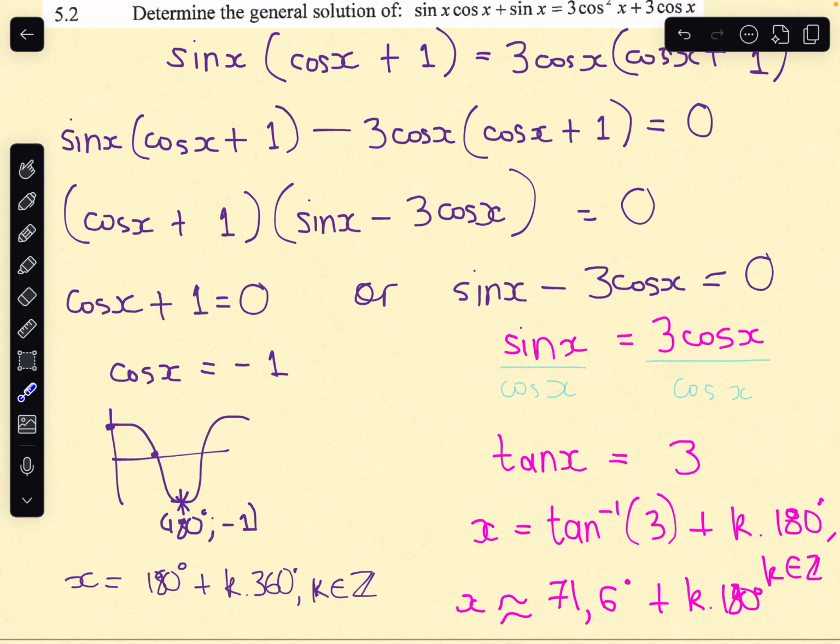Let's have a look and see what the memo has to say. So the memo, we are on par. Let's see if our answers match and then we can inspect how they went about solving. So they do get the same answers as we did. I rounded off to 1 decimal place. They're using 2.